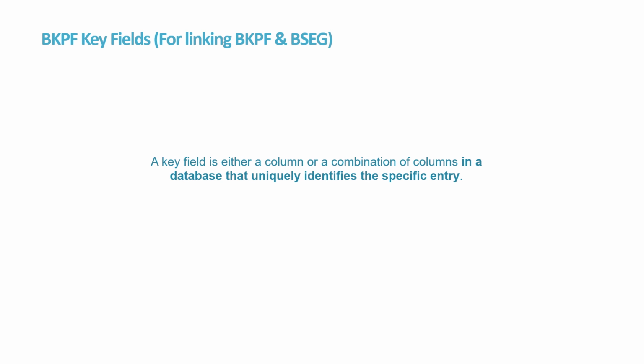So hopefully now it's clear for you what's header and what's item data. Now we are ready to focus on features of each table. And first we will start with common features of both tables. There are 4 key fields in BKPF and BSEG. If you are not aware, a key field is either a column or a combination of columns in a database that uniquely identifies the specific entry.